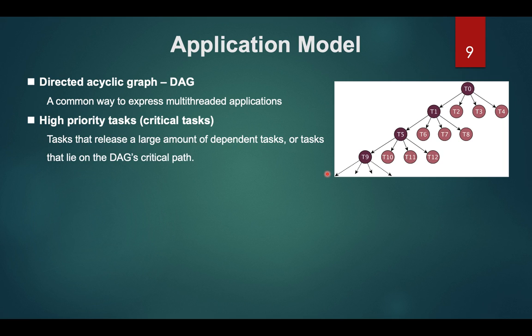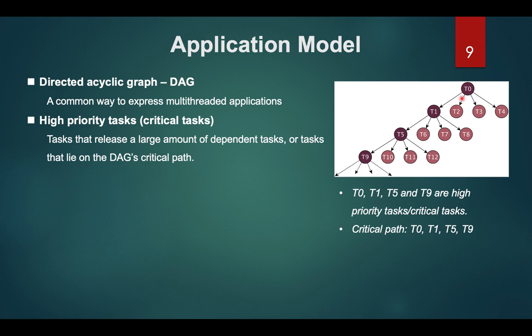These tasks are the ones that release a large amount of dependent tasks or tasks that lie on the DAG's critical path. For example, in this figure, T0, T1, T5 and T9 are high priority tasks or critical tasks. The critical path is also T0, T1 all the way to T9.